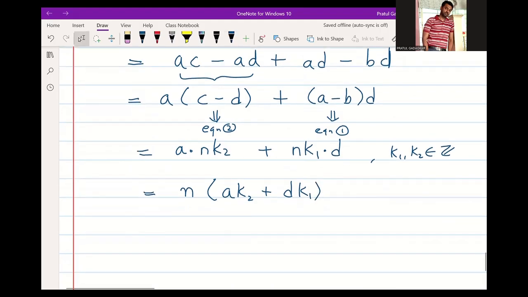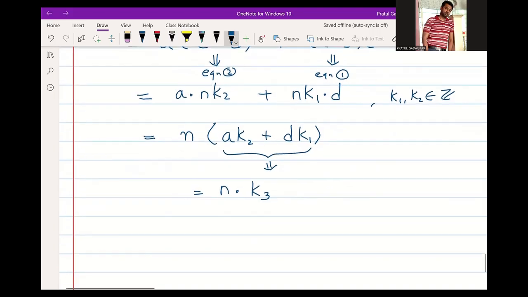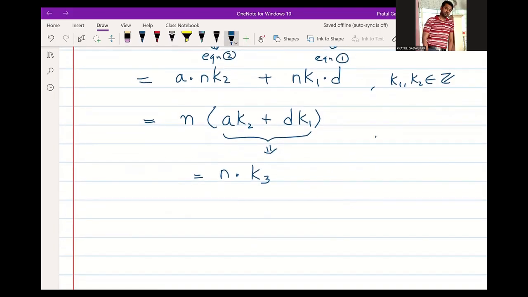A, B, C, D are also integers, so this entire thing is some integer, which I'm going to call K3. This is n times K3, where K3 is also an integer: AK2 plus DK1.